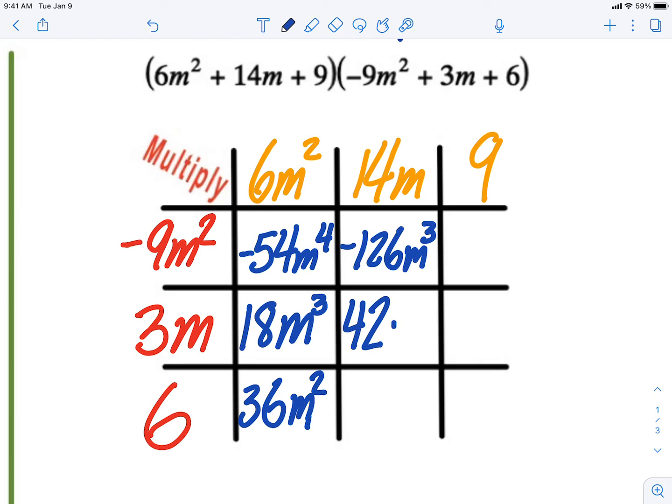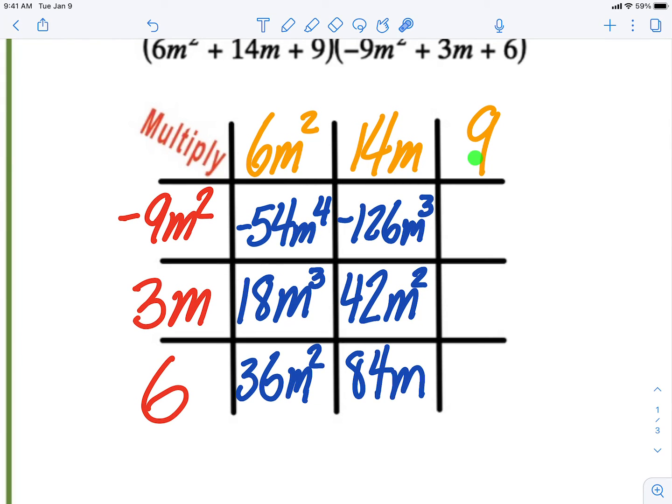M to the power of invisible 1 plus invisible 1 is 2. Right? And 14 times 6 is 84. And this m has nothing to multiply with here, so I'm just going to put m, just like that.